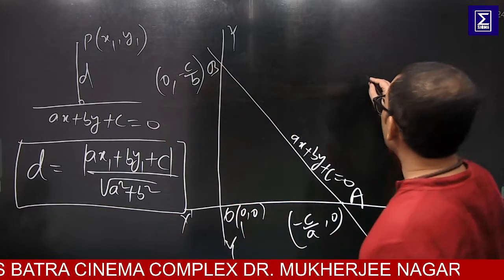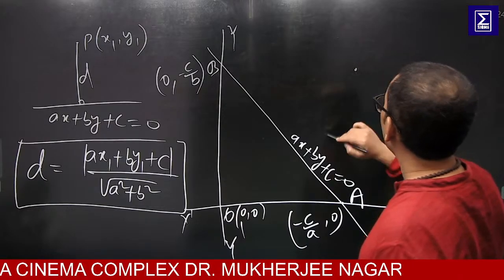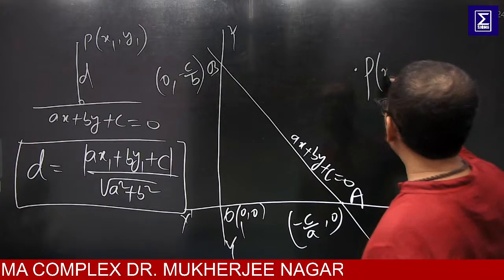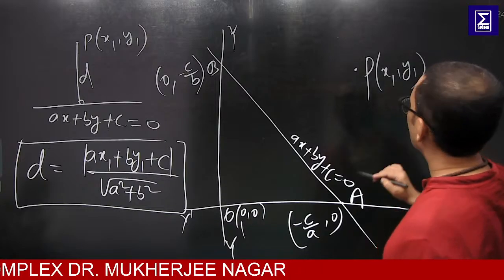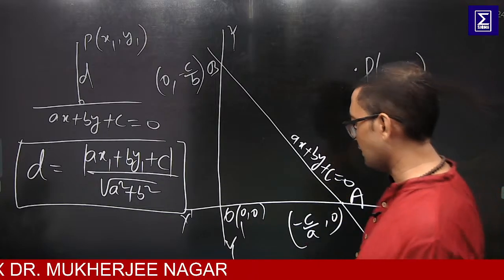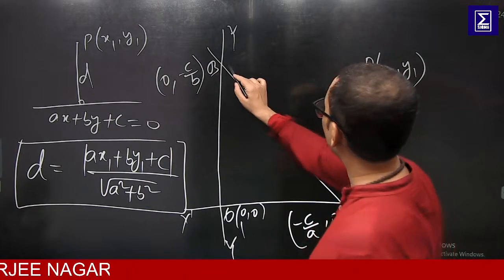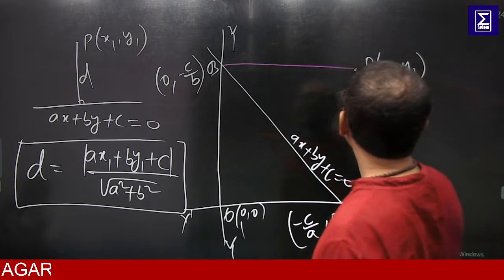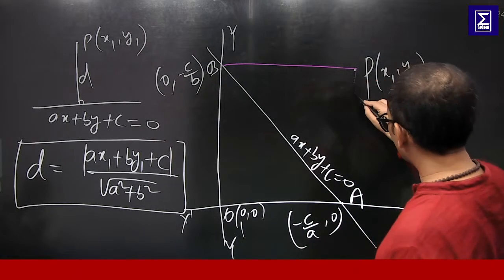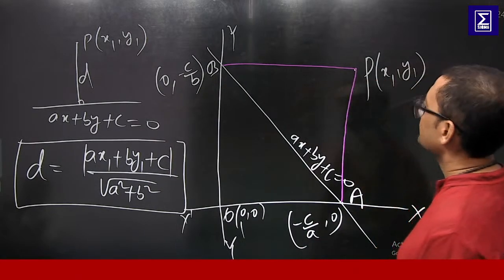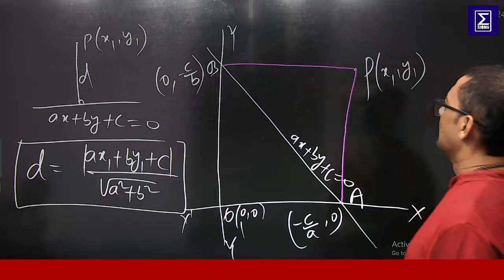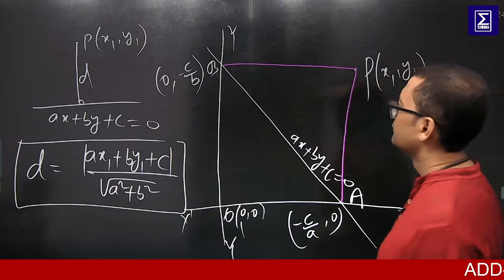Let a point be here, P, and the coordinate of P is x1 comma y1. So join this from B to P, and from B to A. So this is a triangle PAB or BPA.